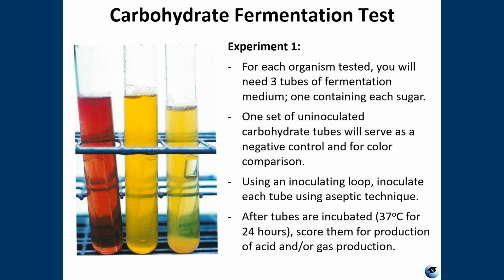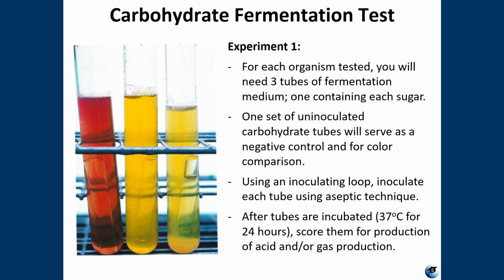So for experiment 1, for each organism that you test, you're going to need 3 tubes. One tube is going to serve as a negative control, and you're going to use that negative control to compare the colors. So after they incubate, you may have something that is actually positive for acid production, but it hasn't turned all the way yellow. It's actually more of an orangish color. And you may observe that tube and say that it's a negative result, but that would be a false negative.